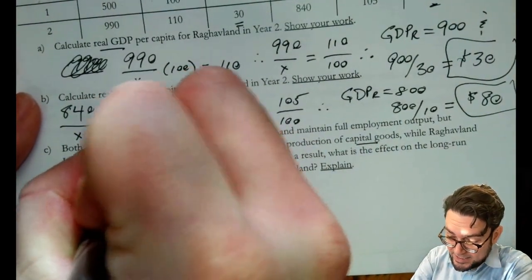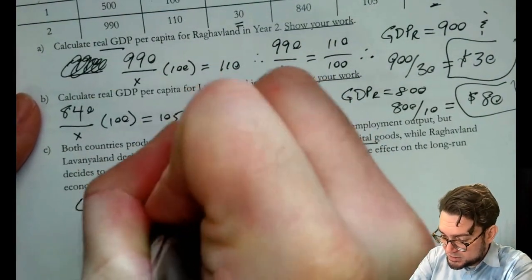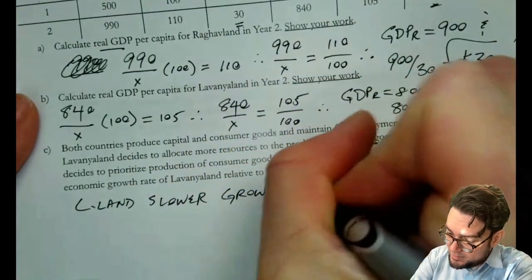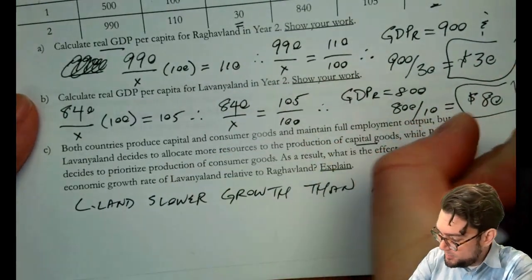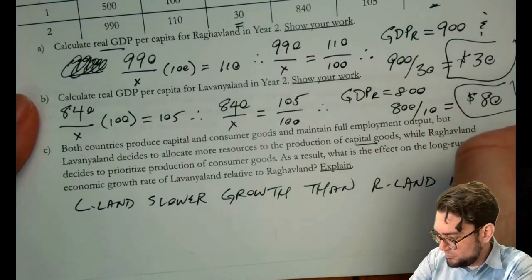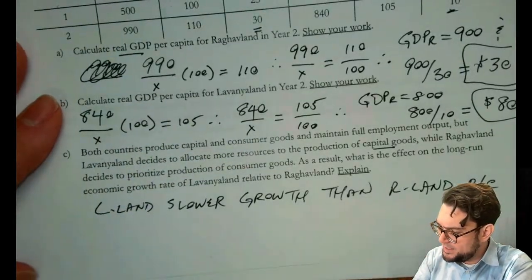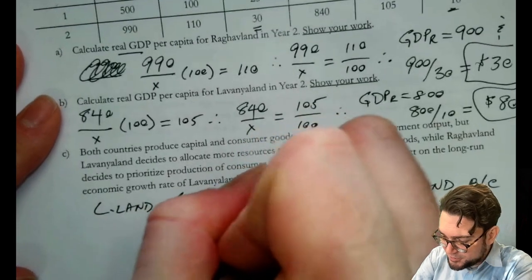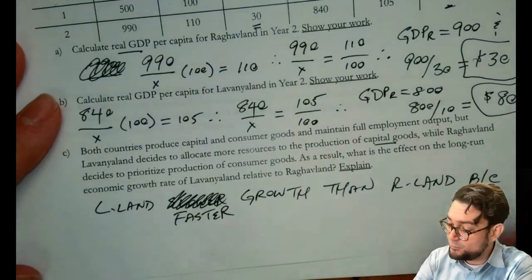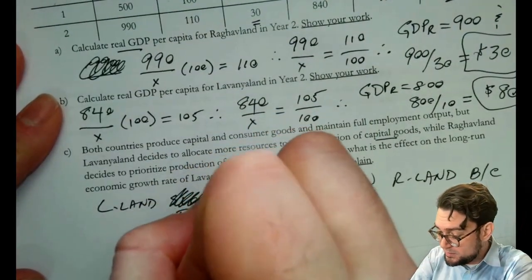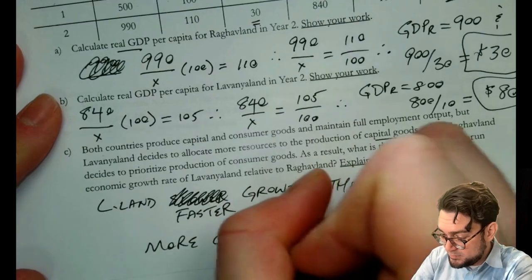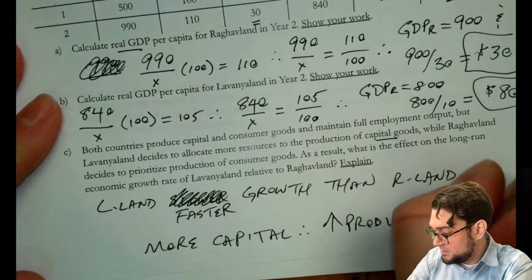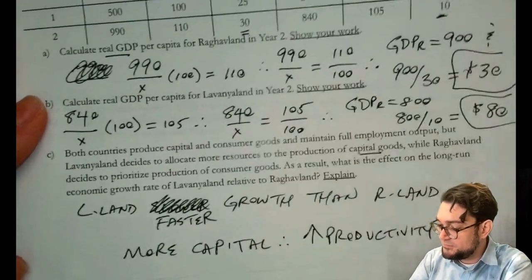So Lavagnaland will have faster growth than Roggevland, because more capital means increased productivity, and that is actually our shifter of long-run growth.